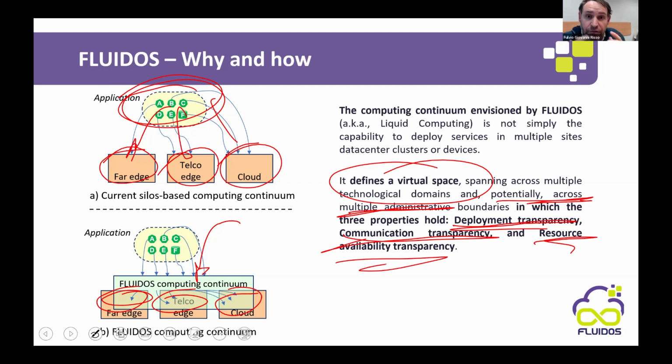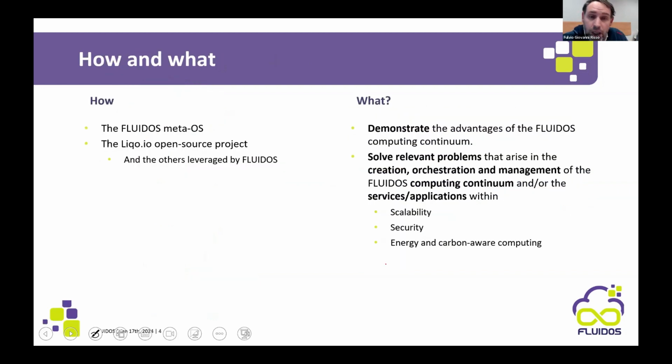That means if my service has to scale, has to grow, and there are no resources available locally, it can simply take some resources in another node or in another server nearby in a completely transparent way. So how can we do this within our project?